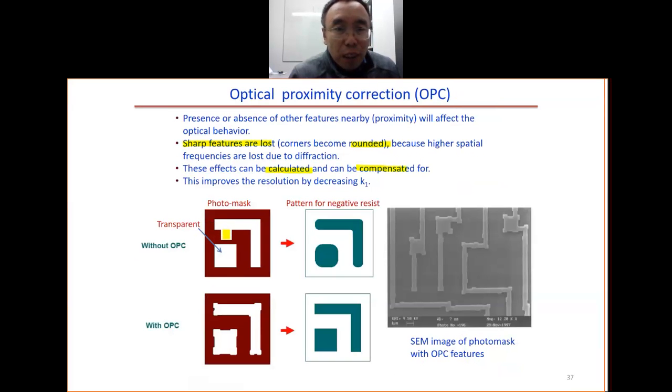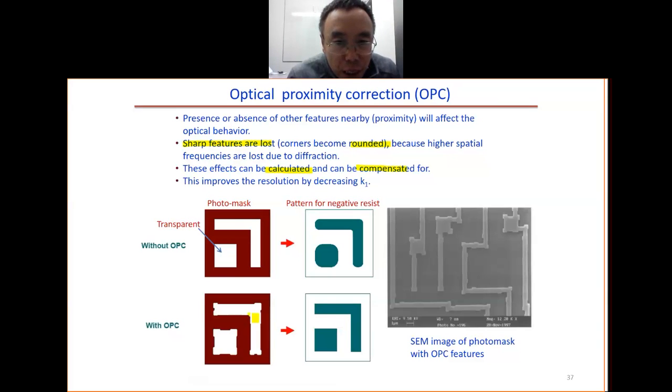For this more complicated shape, you can do the same thing. This is a regular negative resist, without optical proximity correction. With optical proximity correction, you get this pattern. But here you can see there is a small mistake. Try to find out where the mistake is.